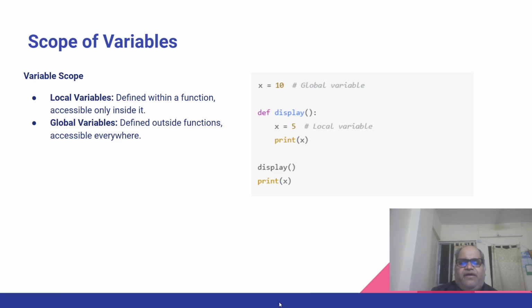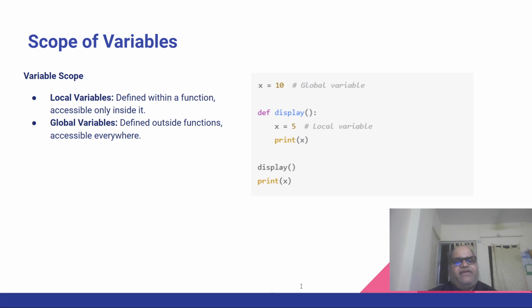Now in functions, inside the body of the function, there are two scenarios possible. A variable scope determines where it can be accessed in a program. A global variable exists throughout the program, while a local variable exists only within the function where it is defined.